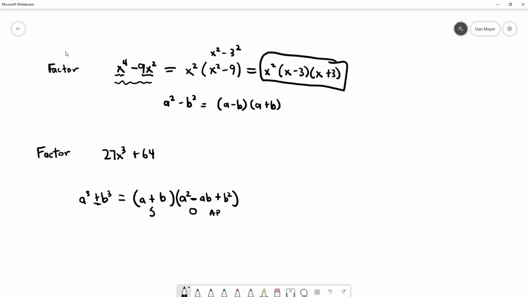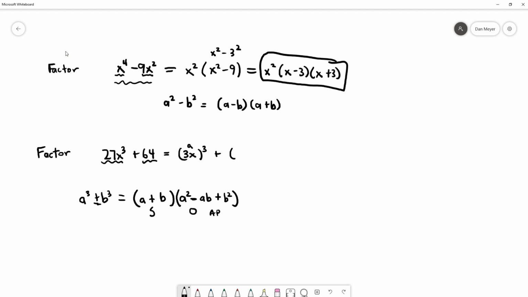Now, before I can dig into using the formula, it might be helpful to write these terms, again we have two terms here, as things that are cubed. Now, 27x cubed is 3x cubed, so 3x is playing the role of a.